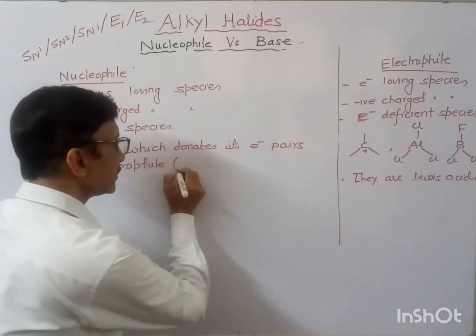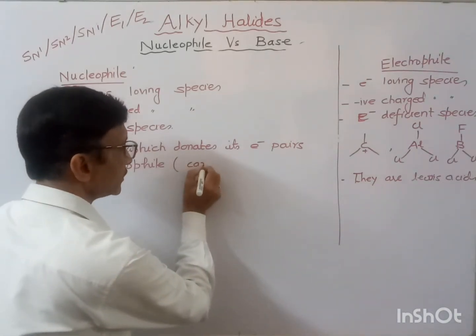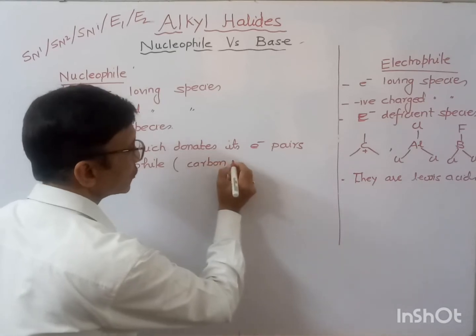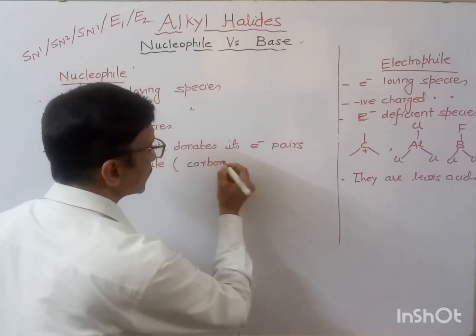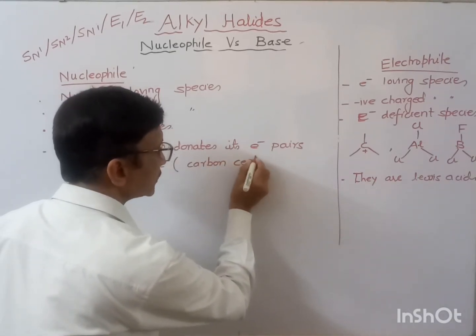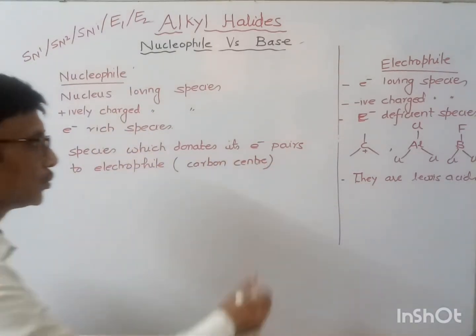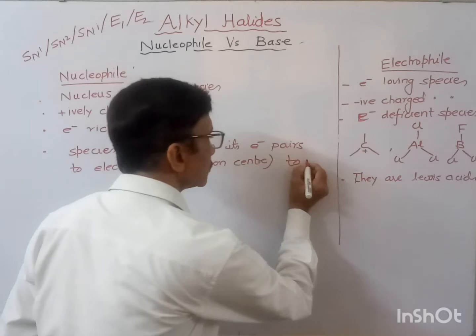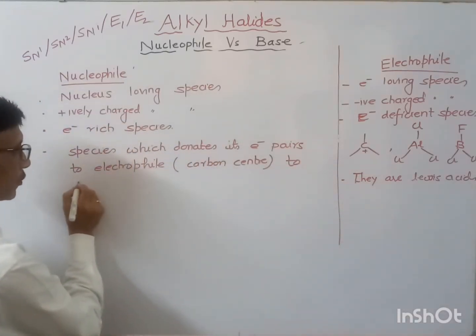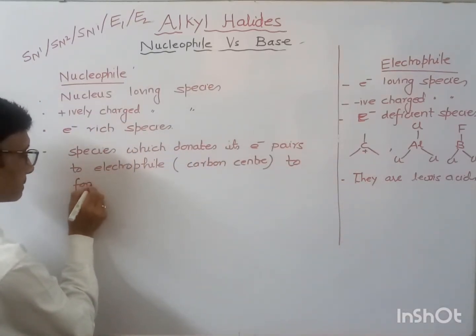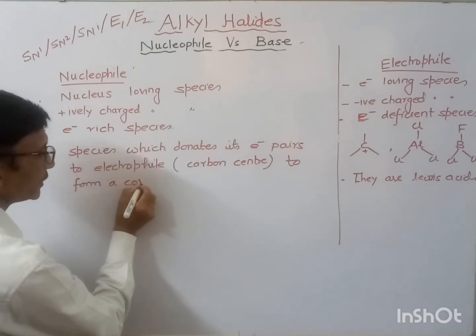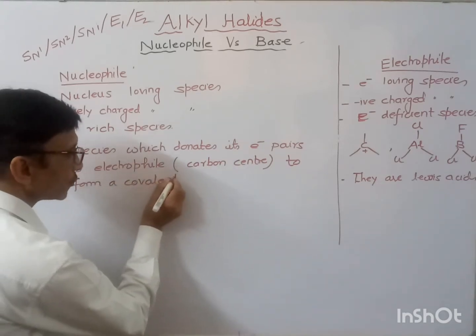This electrophile is usually a carbon center. In organic chemistry, we are concerned with this carbon center. So the nucleophile attacks at the carbon center to form a chemical bond, a covalent bond.